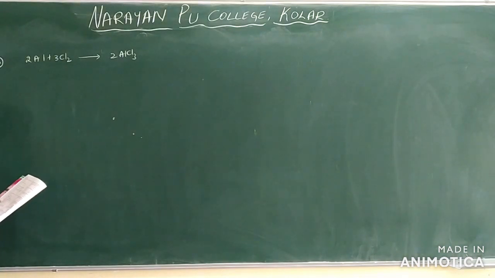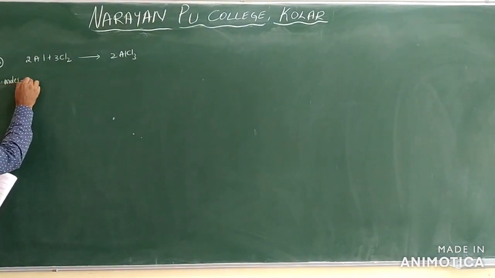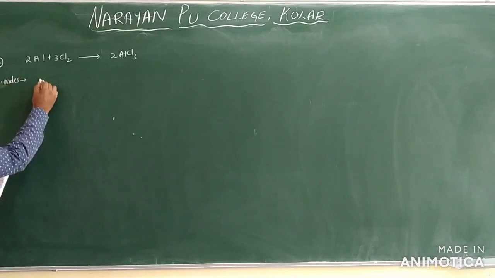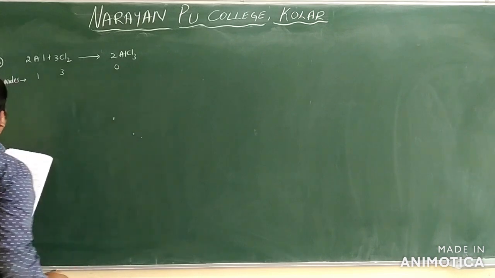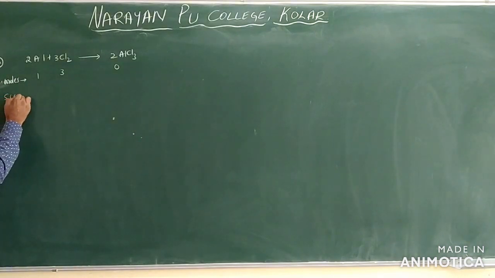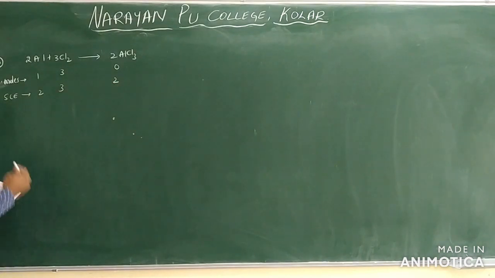First of all you have to write the number of moles that are given. Moles of Al is 1 mole, Cl2 is 3 moles, and AlCl3 is 0 moles. And its stoichiometric quotients you can write: aluminum 2, Cl2 3, and AlCl3 2. First you divide the moles by stoichiometric quotients.